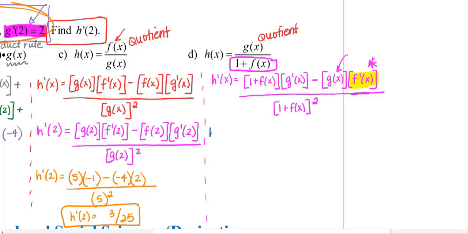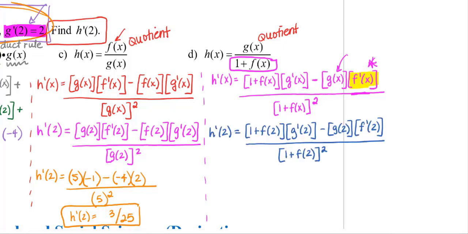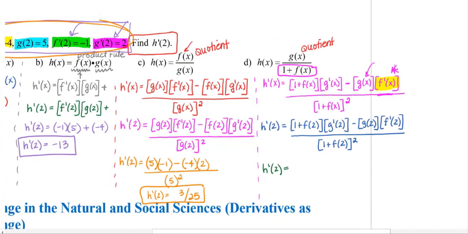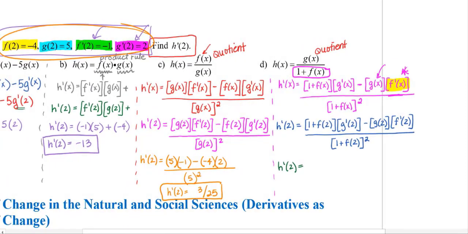I'm sure it is. I'll substitute in the 2. And now that I have the 2 in there, I'll go ahead and figure out what these values are. So I need to put them back on my screen here for a second because I can't see them. So 1 plus f of 2 is negative 4.